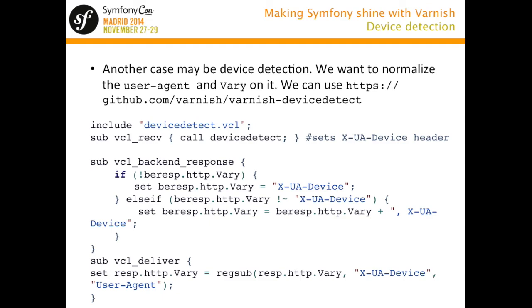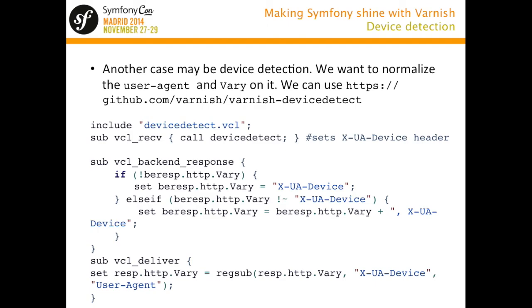What this does is set a special header. Again, many times in Varnish you work with special headers. In this case, it's called the X-UA-Device header. And so this is set, and it's something really simple. I think there are like 5 different versions: Android, iOS, tablet or not, and desktop.